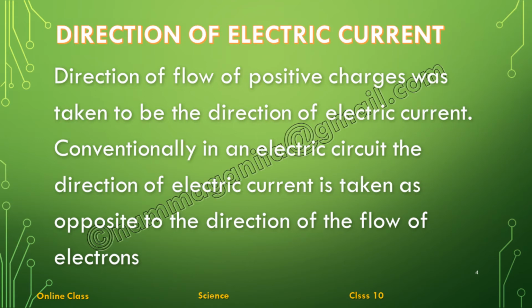Conventionally, in an electric circuit, the direction of electric current is taken as opposite to the direction of the flow of electrons.